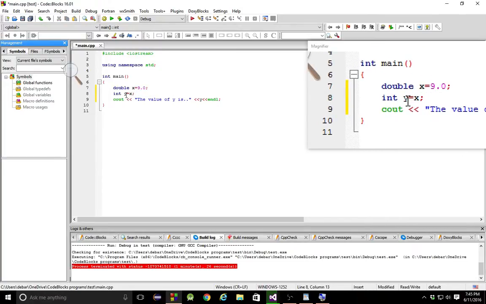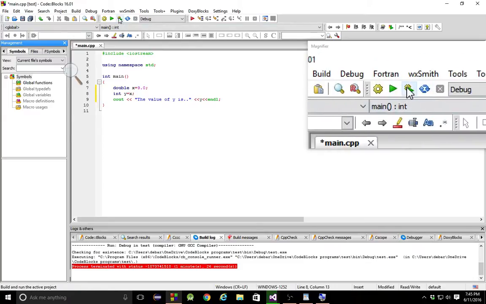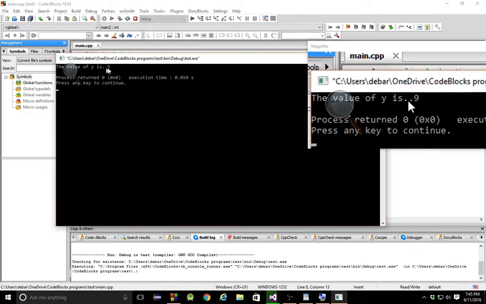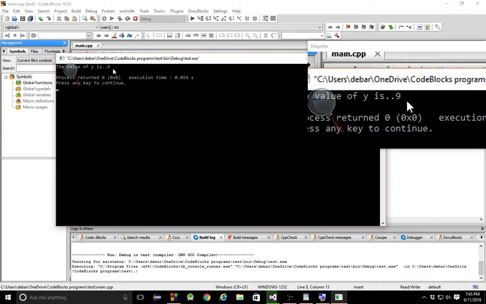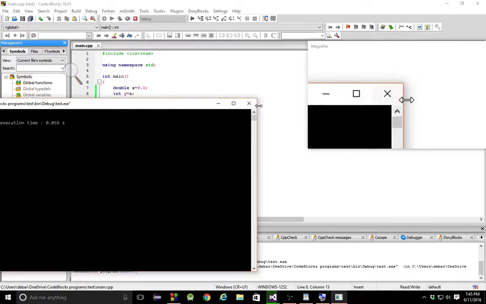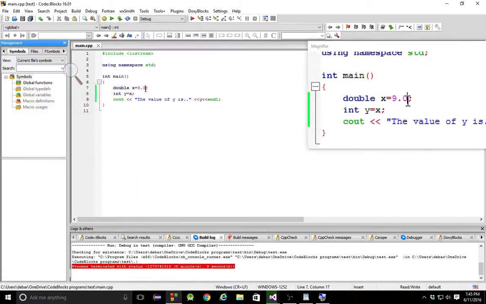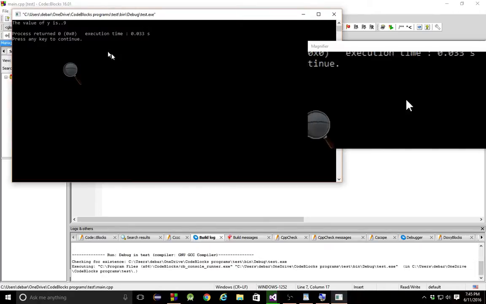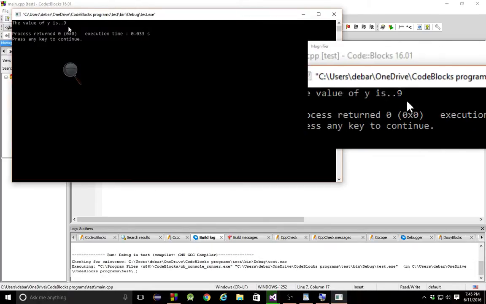In fact, what it's going to show is the value of y is 9, if I'm correct. You see, the value of y is 9. So what it did was it truncated the point 0. If I were to make this 9.3, the value of y is still 9.